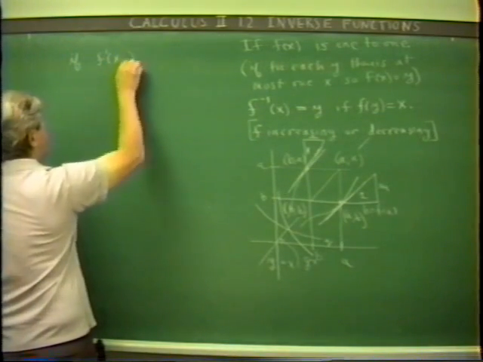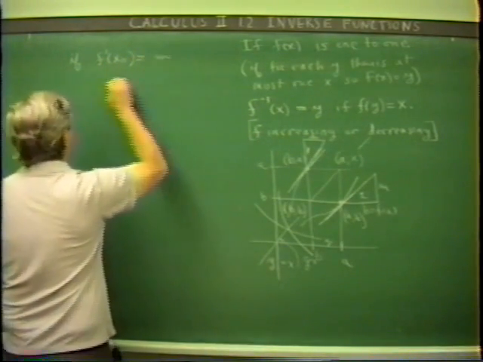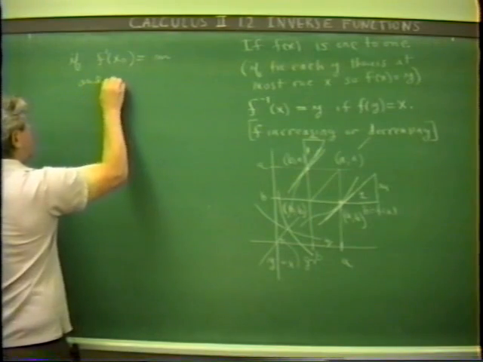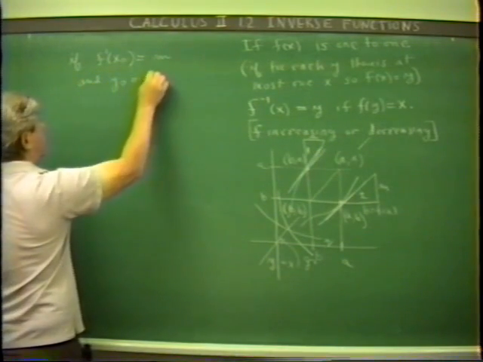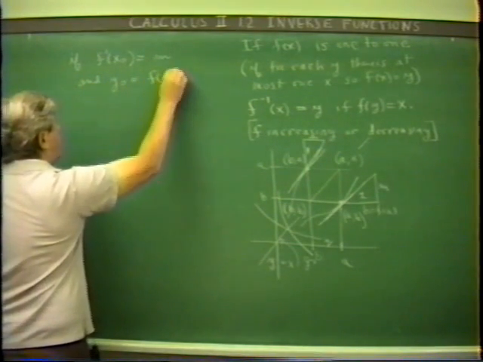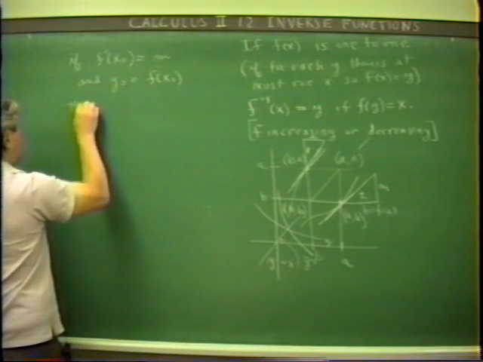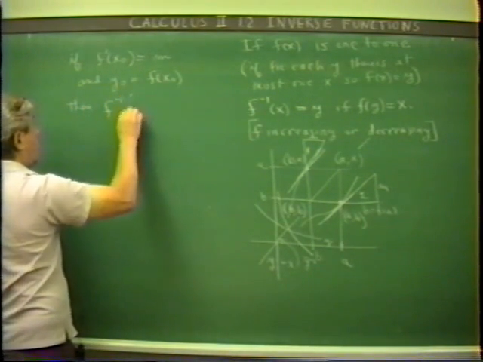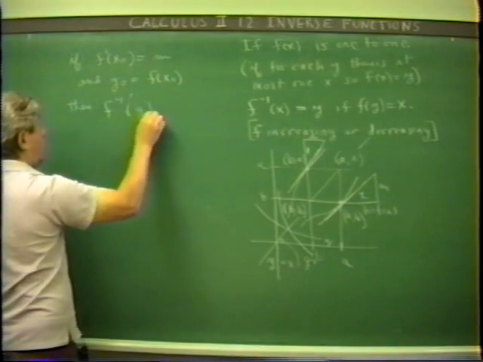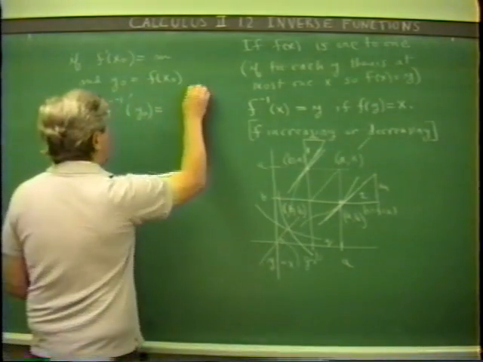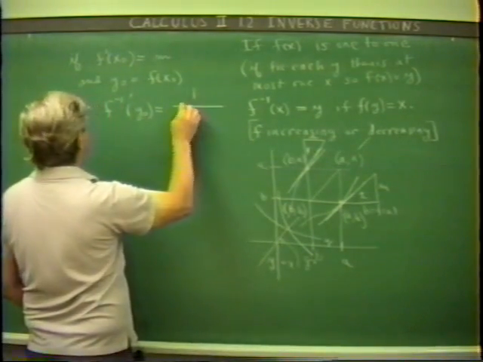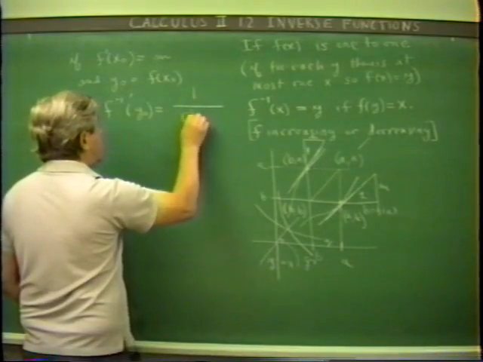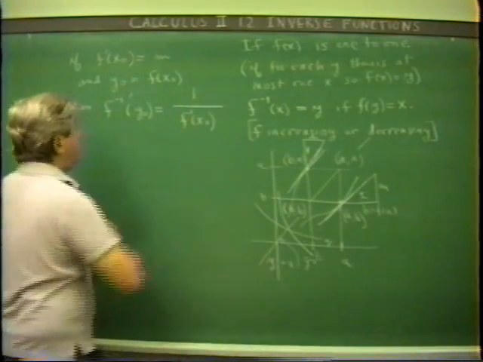And so if f prime at a point x naught is equal to m, and y naught is f of x naught, then the derivative of the inverse function at y naught will be 1 over the derivative of the function at x naught.